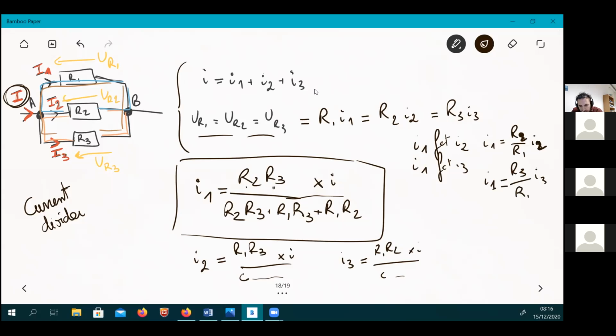So then you can put all this together. Now you have I1 as a function of I2, and I1 as a function of I3.